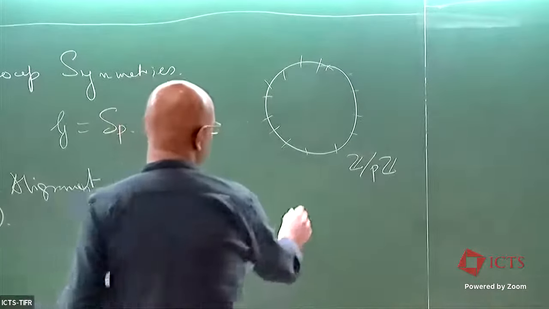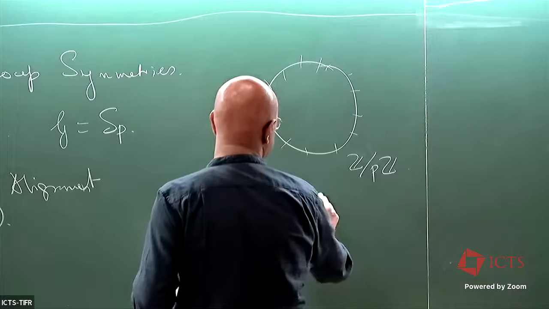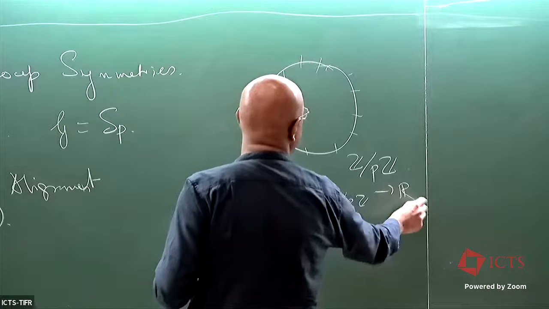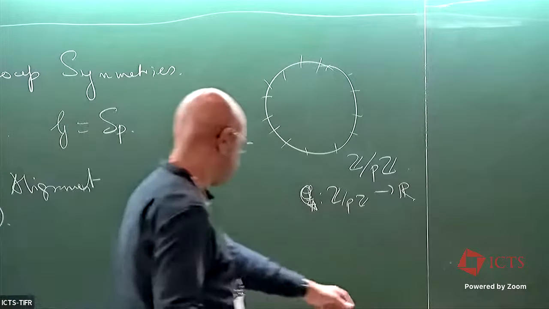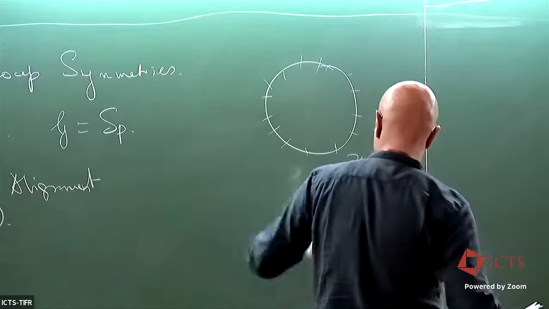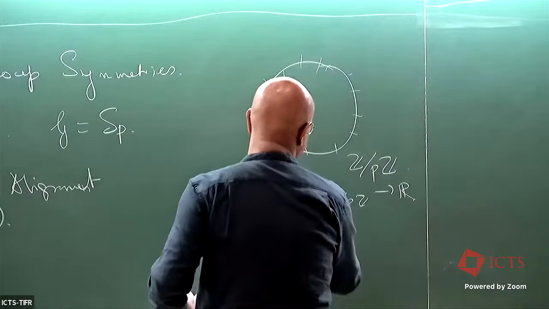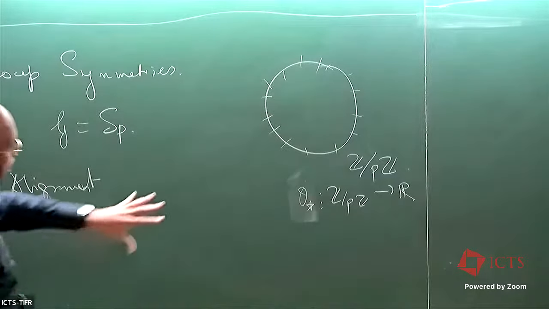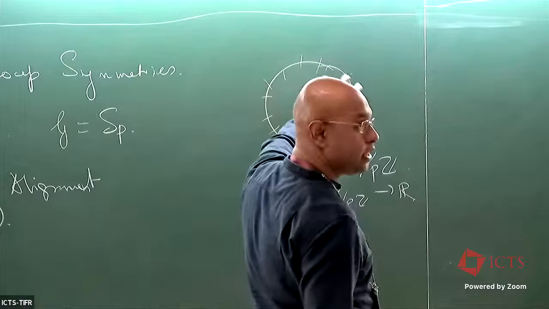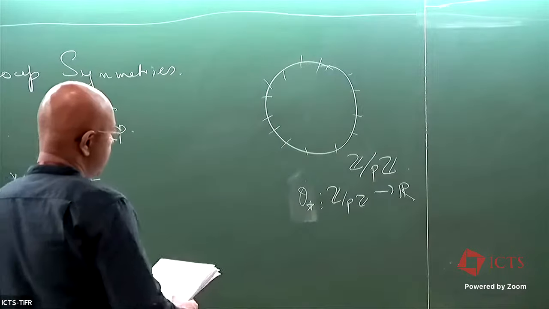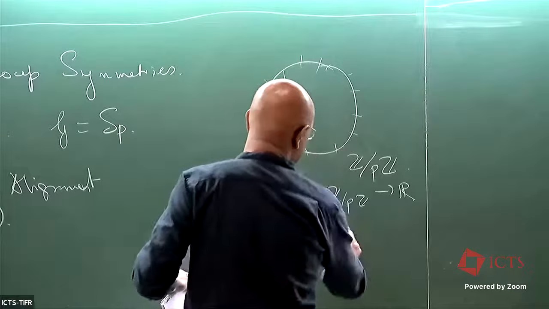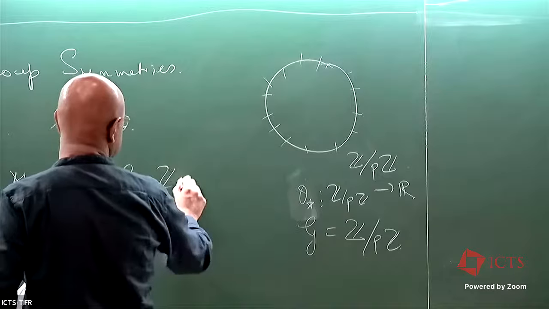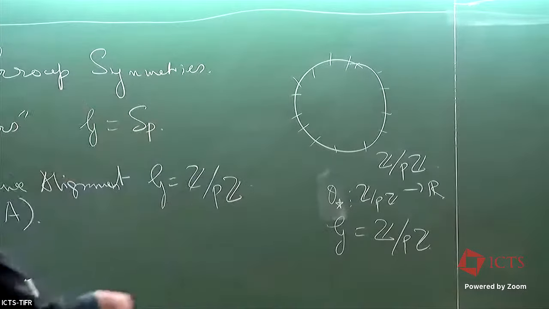So theta star is a function from Z mod pZ to the reals, and every time you take a noisy measurement of this, your function gets rotated by an unknown amount, which is reflected in this g_i. The group of rotations in this problem is just Z mod pZ, a nice finite abelian group.